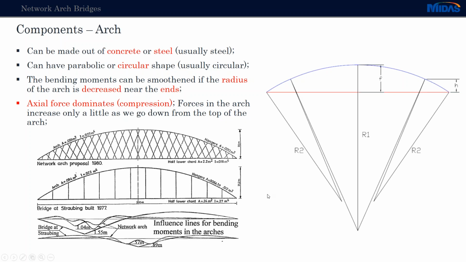The results have been compared between the two, and we can see that in the influence lines for the bending moments in the arch, the curves for the network arch are much smaller than the ones for the bridge with the vertical hangers.